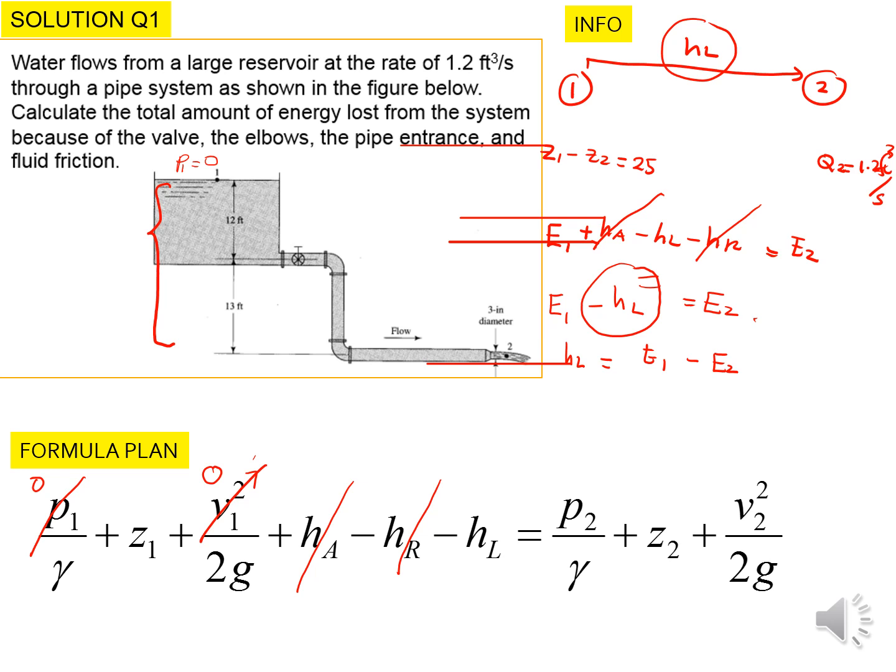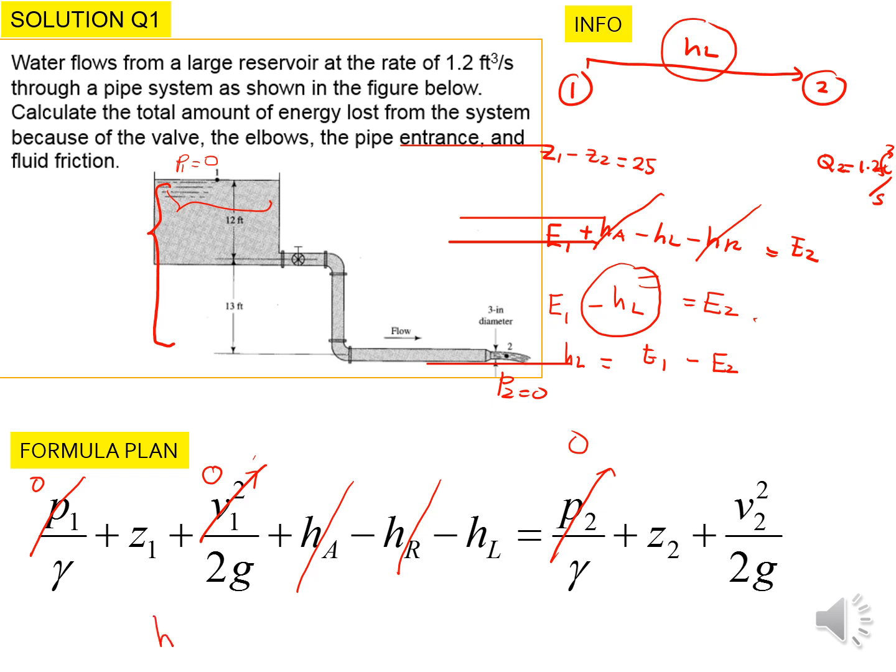The surface area is too big, so that's why we consider V to be 0. And then P2 we can also consider equal to 0 because it is also exposed to atmosphere.